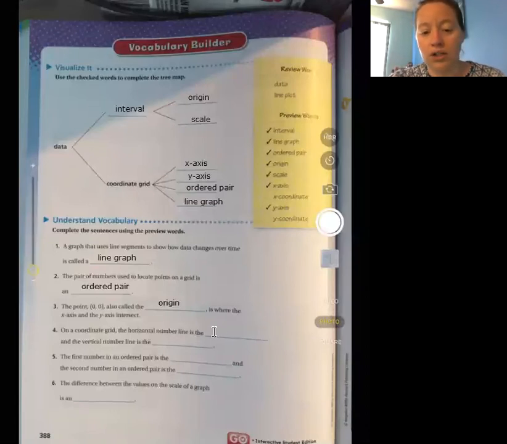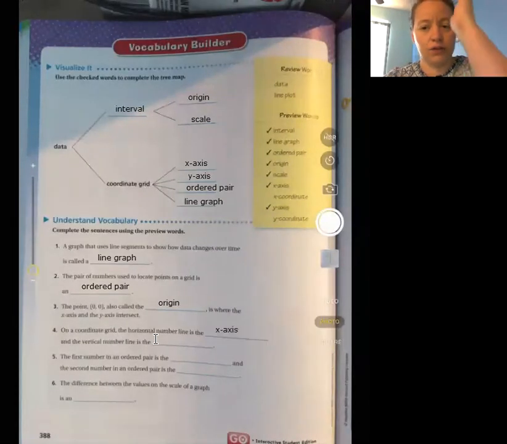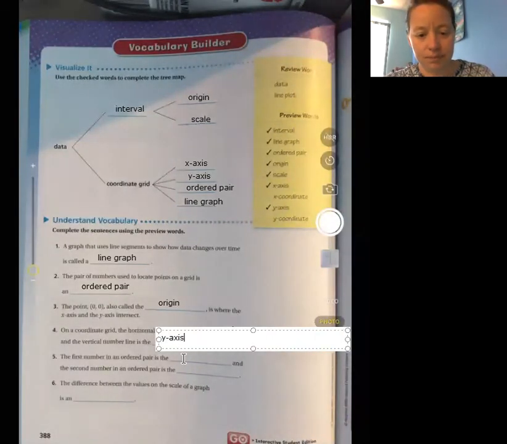On a coordinate grid, the horizontal, so that's the one going this way, line is the x axis, and the vertical line is the y axis.